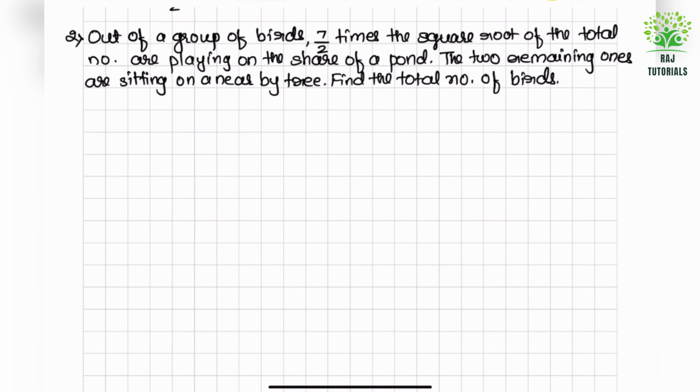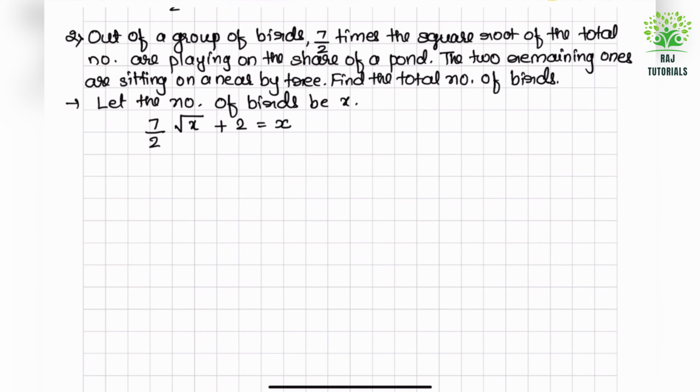So, here let the number of birds be x. That means total are x birds. Now 7 upon 2 root x plus 2 will be equal to x, because 7 upon 2 times root x are playing on the pond and 2 are remaining.